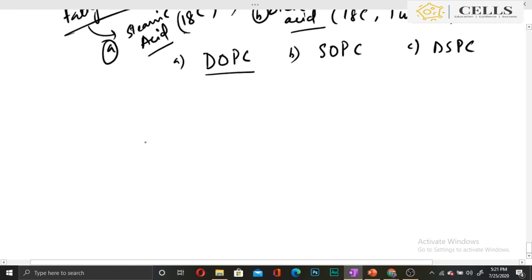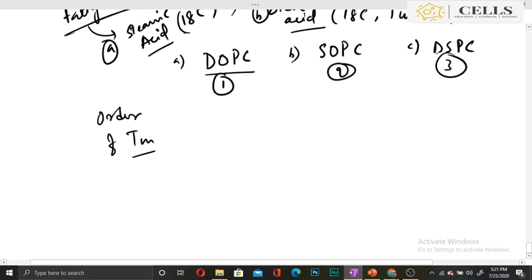Out of these three, give the order of Tm. Is it 1, 2, 3? What will be the order of Tm? Dioleoyl, stearoyl oleoyl, and distearoyl, because PC is common. There is nothing to do with the PC.